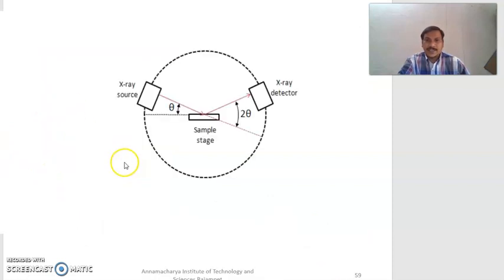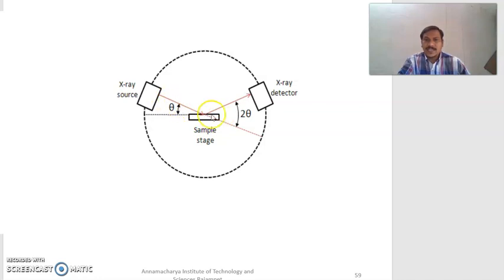These X-rays are incident on the material, and within the crystal sample there are a number of crystal planes oriented in a number of directions: vertical direction, horizontal direction, and so on. Similarly, crystal planes in different orientations are available in the material.